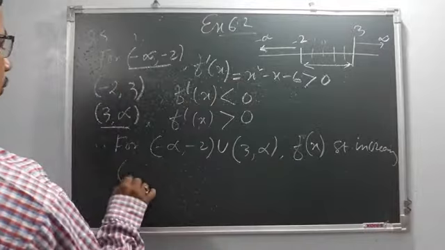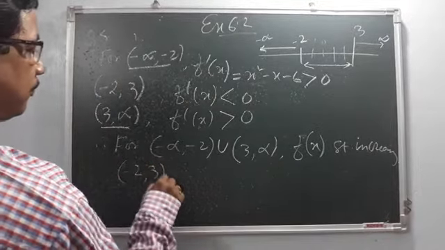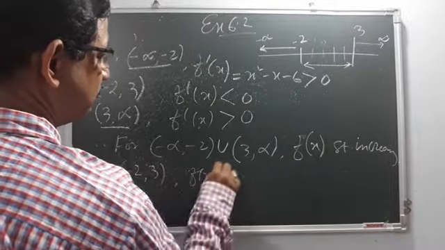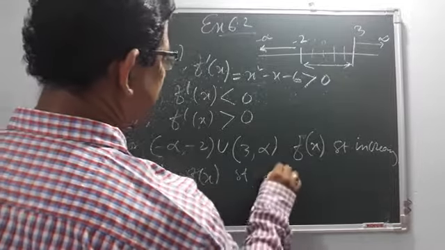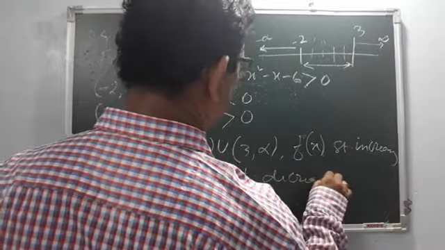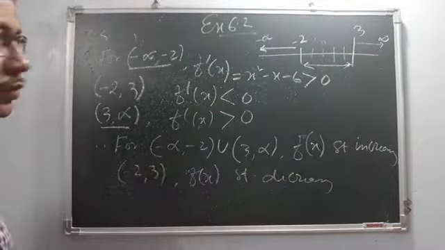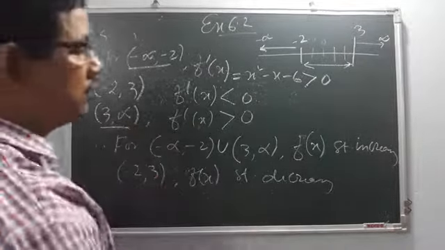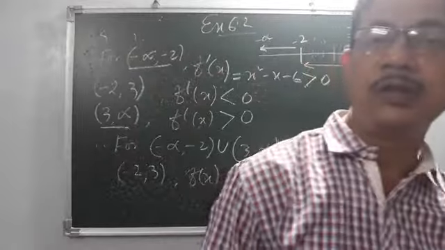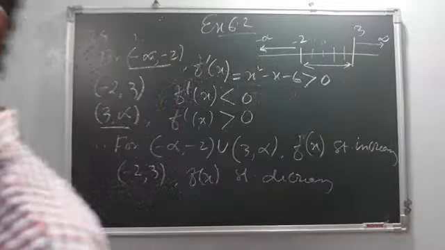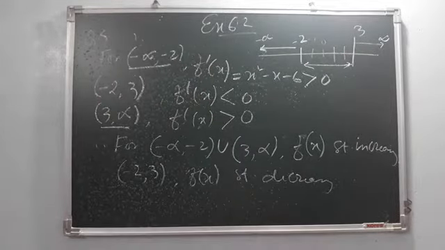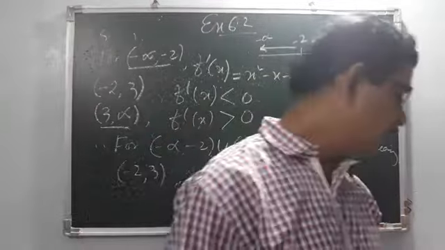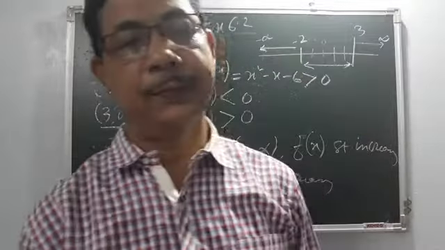And for minus 2 to 3, f x is strictly decreasing. Why have we taken two intervals? Because in both this and that interval f dash x is positive, so it is strictly increasing. And for the interval minus 2 to 3, we found it negative, so it is strictly decreasing. So with that we end our question number 5.